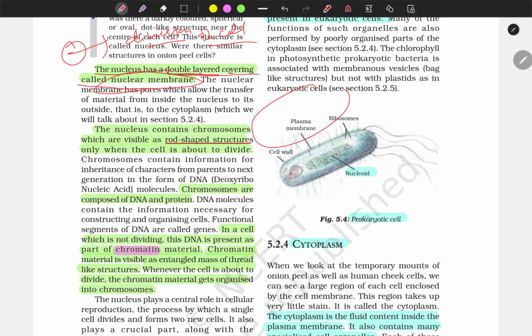I have already discussed that every cell has a cell membrane, but there are two types of cells: prokaryotic cells and eukaryotic cells. In the primitive phase of life history, during evolution, the cell was not very complex, and the cytoplasm and the nucleus were not very separated; they were almost similar.